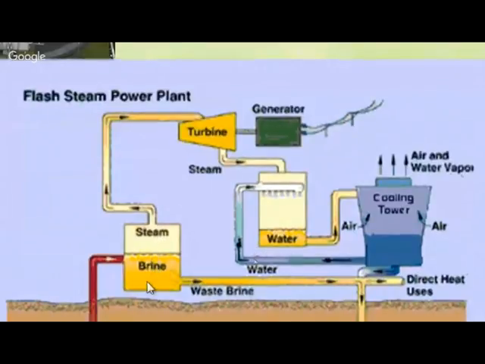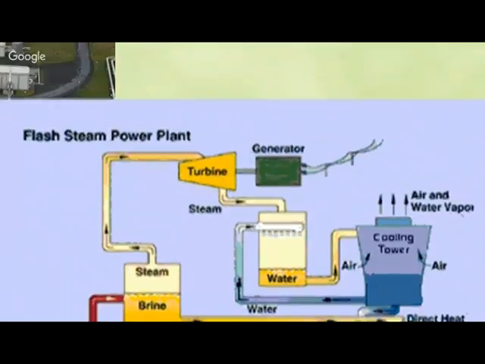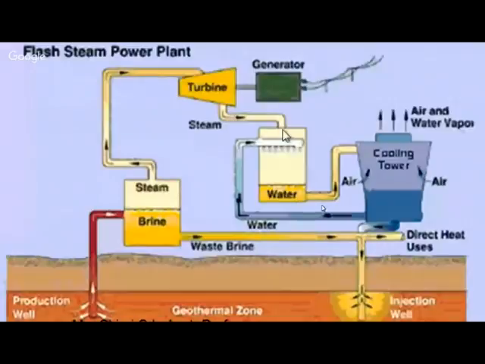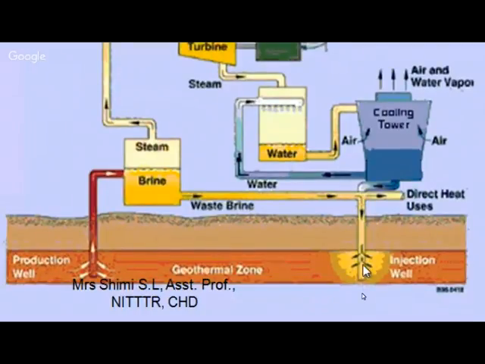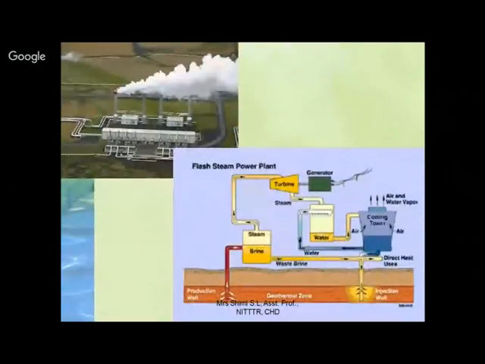That steam is जो waste product है, it comes down and the steam is taken up and it goes to the turbine, it exchanges, like it does the useful work there, and after that the steam is taken to the condenser, and there it gets condensed and the water is again going back. Like water यहाँ cooling purpose के लिए use कर रहे हैं, जो waste product है, it goes back again. The waste product is said to be the brine, so brine भी यहाँ ऐसे ही चले जाएगा, और जो cooled water है, that will also come down. Okay, so this is a general structure of a geothermal power plant.